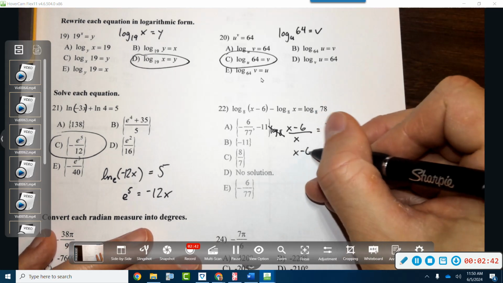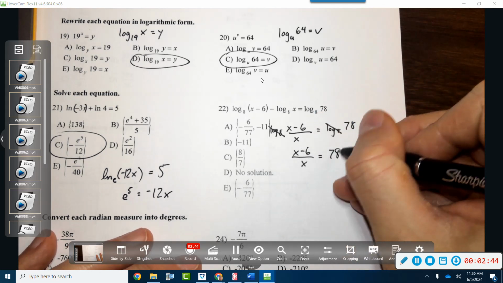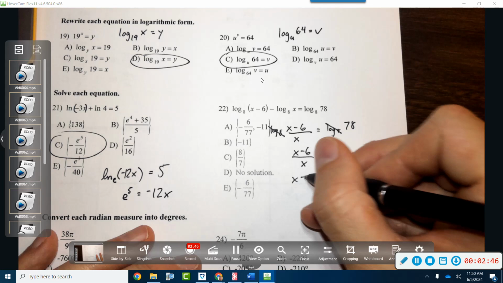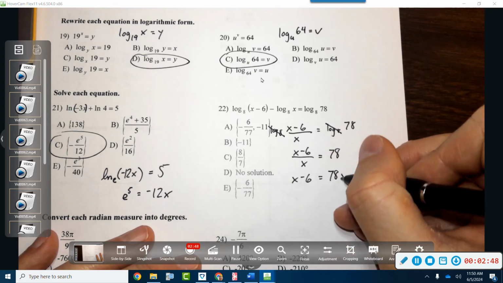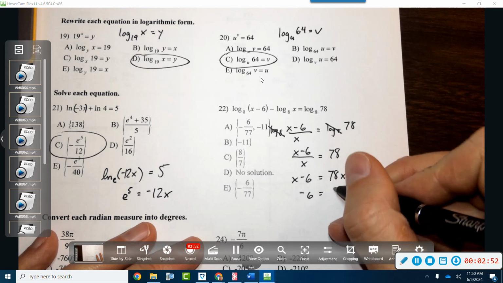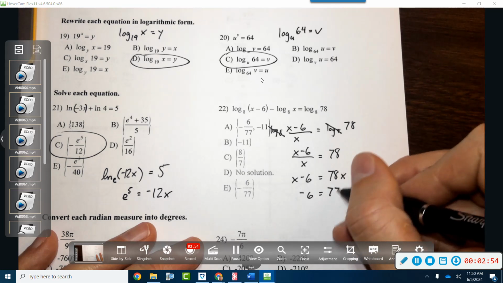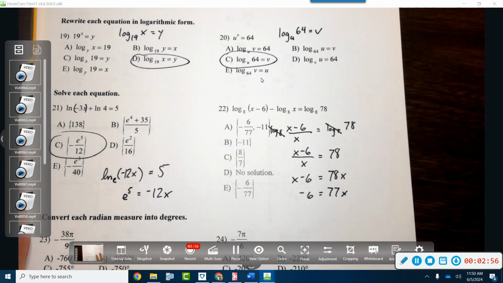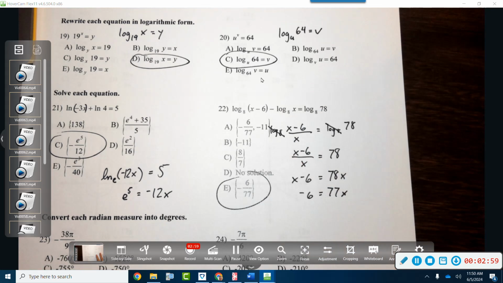So now I've got this little rational equation. I can multiply both sides by x. We're going to move this x over to the other side so that now I get 77x. Now I'm going to divide by 77, and that's my x value.